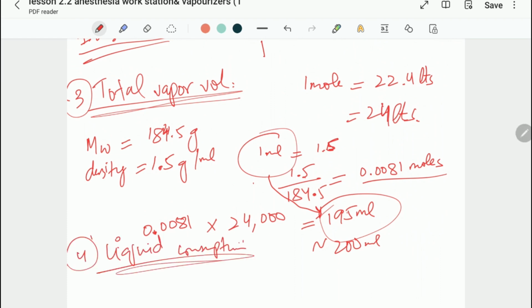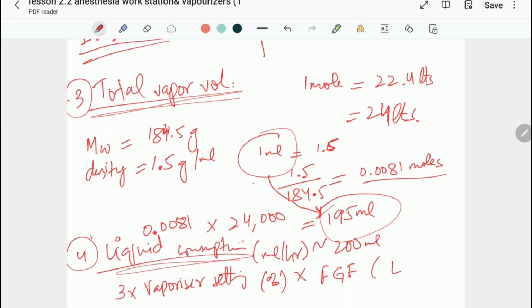For liquid consumption, which is in mLs per hour, we use the simplified formula: 3 into vaporizer setting, that is in percent, into fresh gas flow, that is in liters per minute. So that gives us the liquid consumption in milliliters per hour.